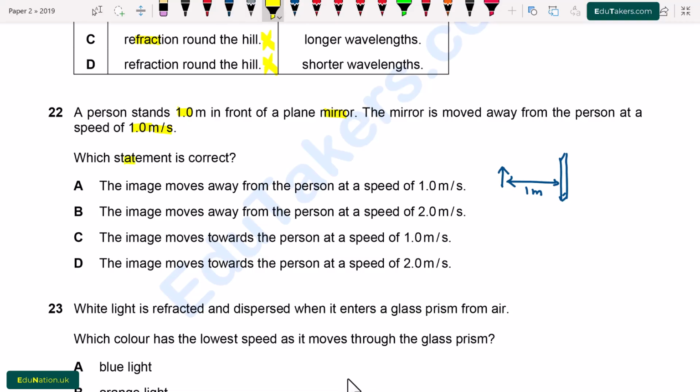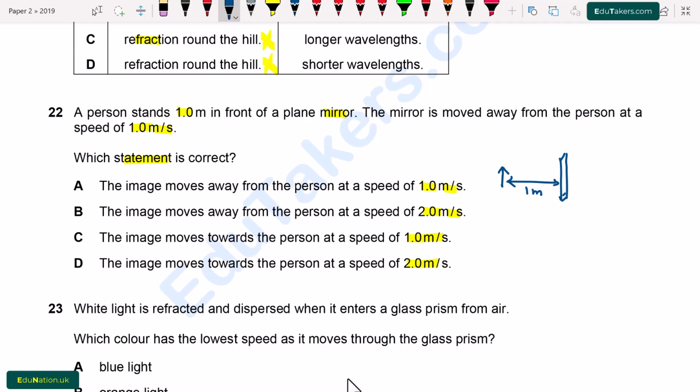Which statement is correct? Option A, the image moves away from the person at the speed of 1.0 meter per second. Option B, the image moves away from the person at the speed of 2.0 meter per second. C, the image moves towards the person at the speed of 1.0 meter per second. Option D, the image moves towards the person at the speed of 2.0 meter per second.